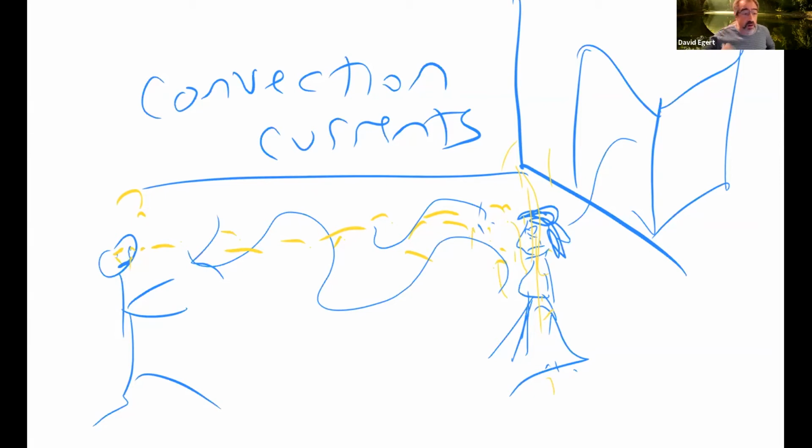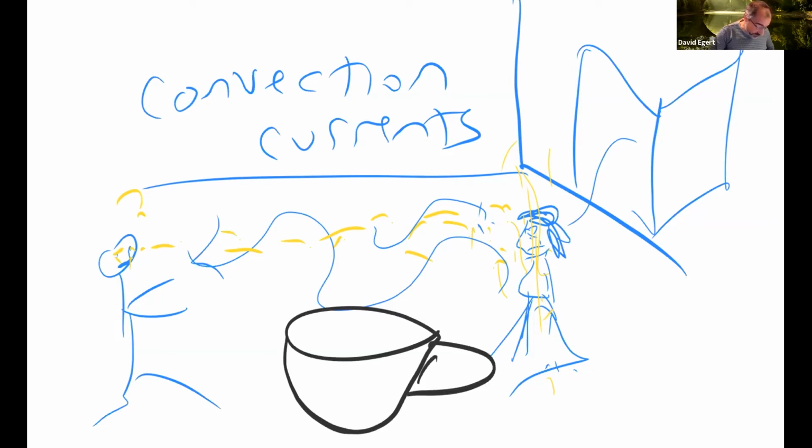When you are putting sugar in your cup of coffee, I got my cup of coffee here, and I put in some sugar. Do I wait for that sugar to just find its way to distribute evenly through the coffee? It would take forever.